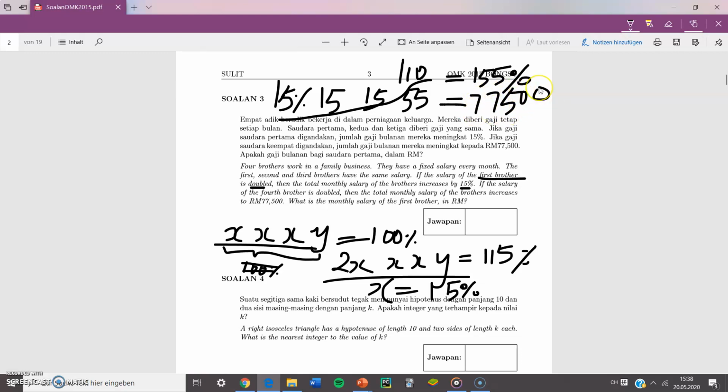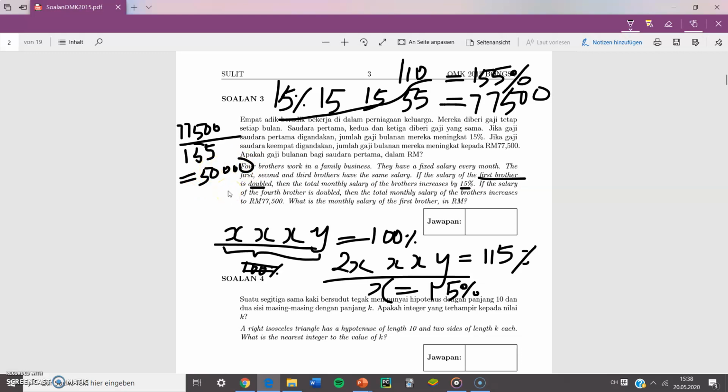77,500. Don't take out your calculator, just divide this. If we want to find the original sum of their salaries, we just need to do 77,500 divided by 155%. Try to do this on your own. Just write the answer here. So this is 50,000.